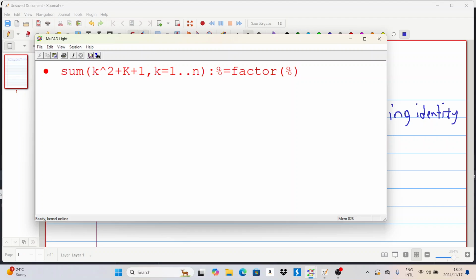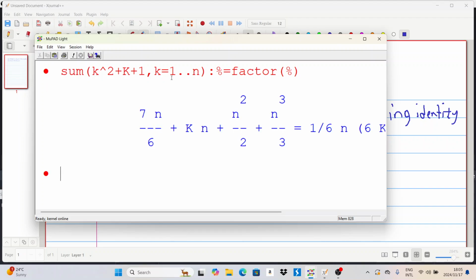We are done. So this is what we're having. For our summation, this is what we're having: 7n over 6n plus kn plus n squared over 2.